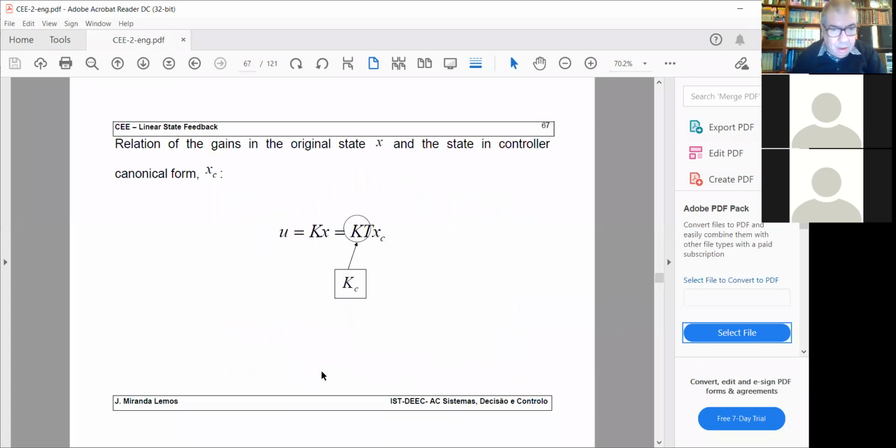For that, observe that u equals minus Kx, there is a minus missing here, but x is T x_c. So the gains in the controller canonical form are nothing more than minus KT. So if you know K_c, you just multiply on the right by the inverse of T, and you get K.